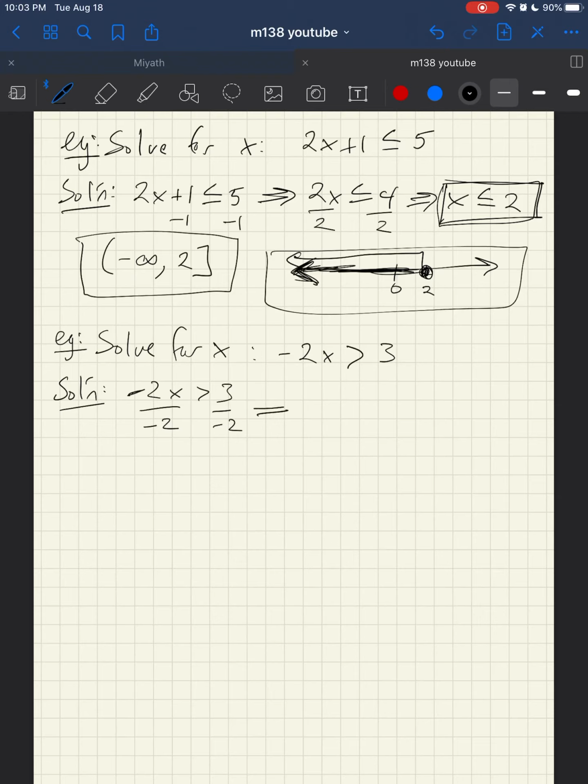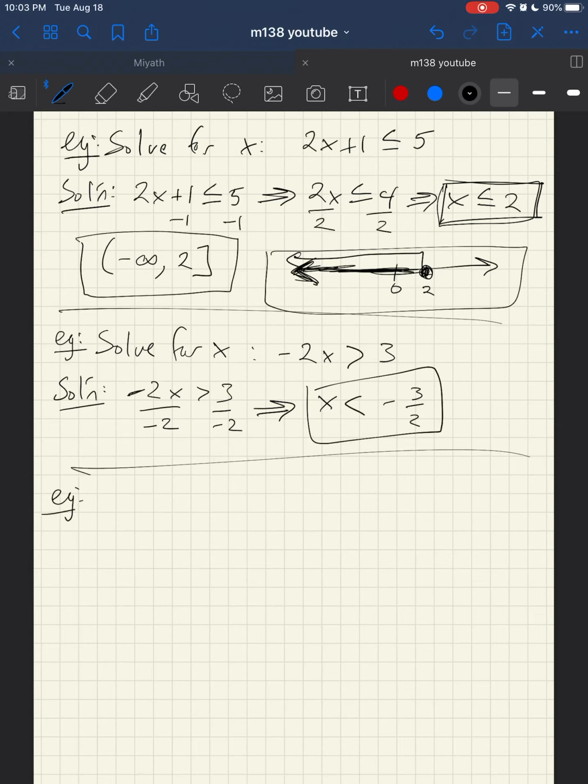Okay, that's fine. But what happens when I multiply or divide an inequality by a negative number? Then I've got to flip the inequality the other way. So where it was greater than, now it's less than: x is less than negative 3/2. And this is my answer. So we need to remember to flip if we multiply or divide by a negative.